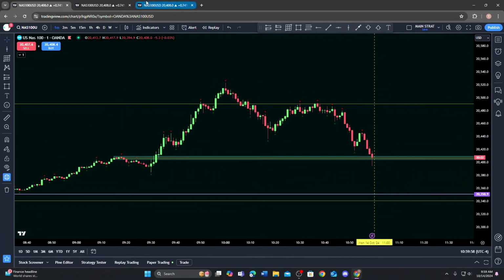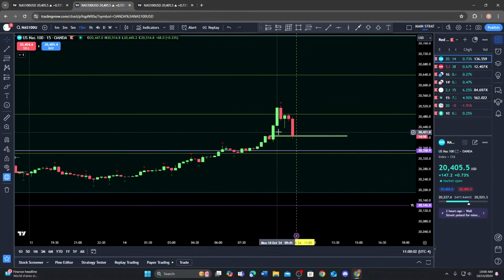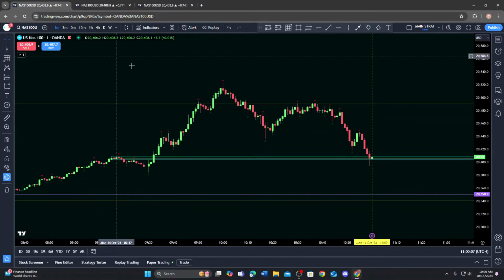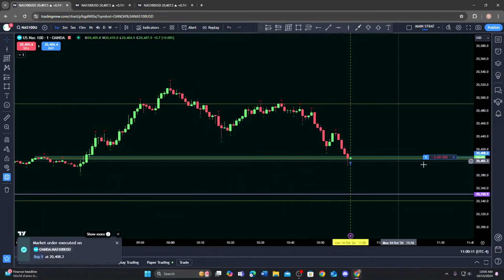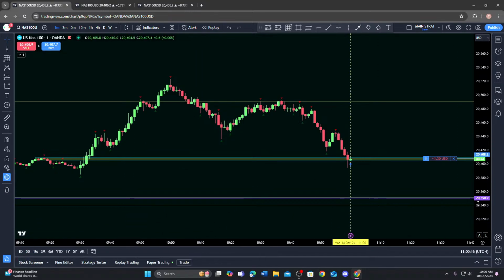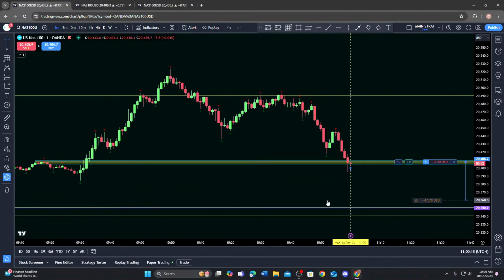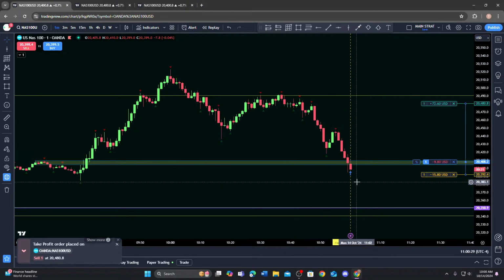Alright, so we are trading off of this order block here in the 15 minutes with this gap. So we are going to take a trade. Put our stop loss below here, our take profit above here.